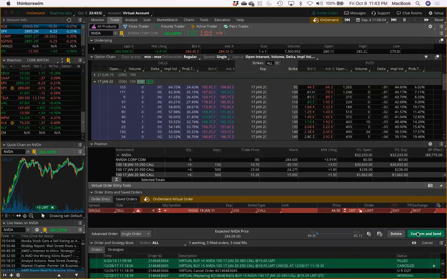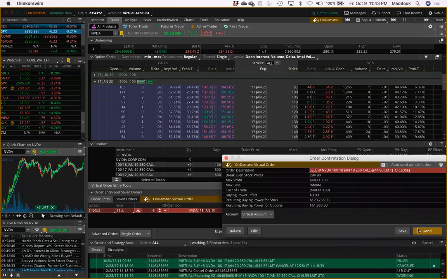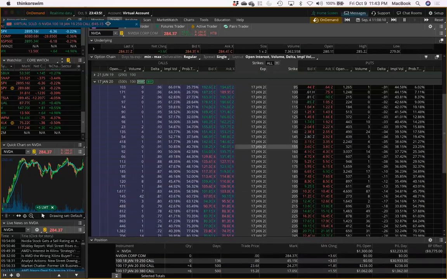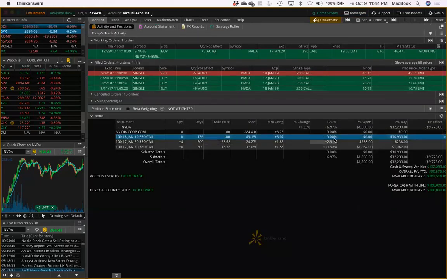Let's see what that gets us. Let's see what the true price is. $45.15 is the true price. So now we're out of this position.